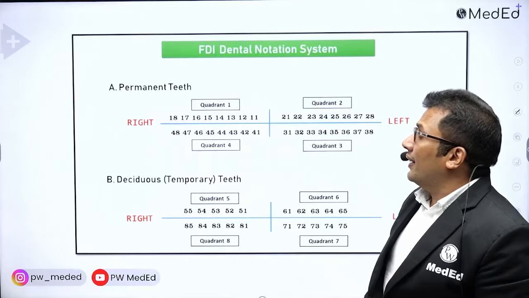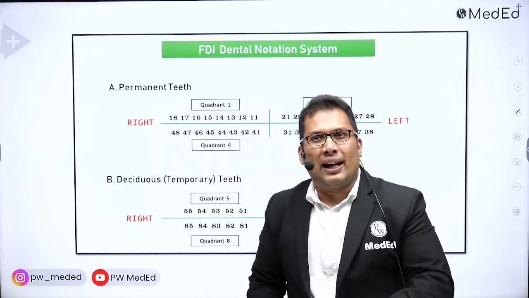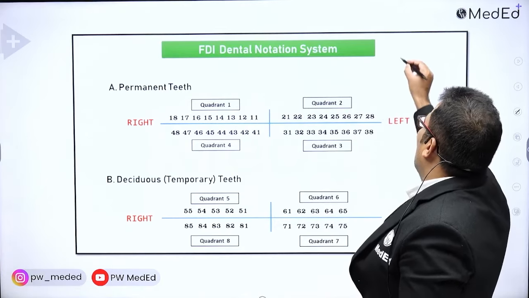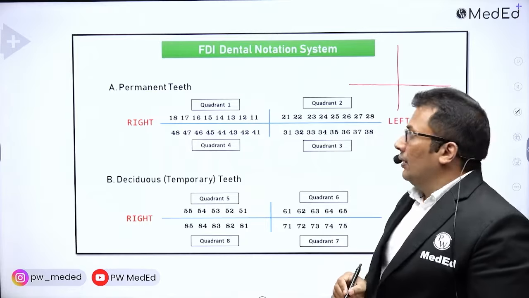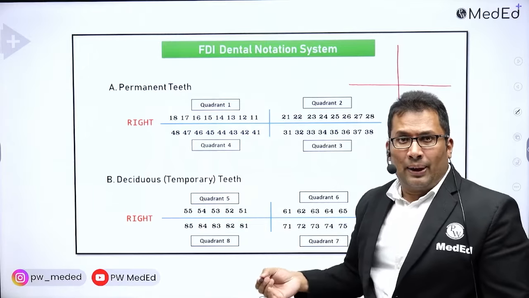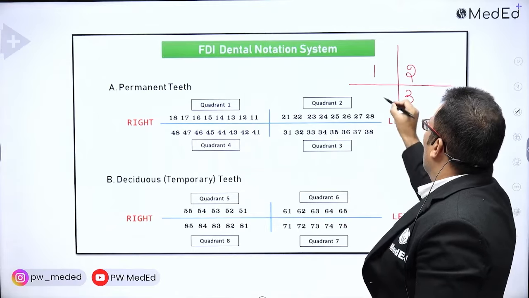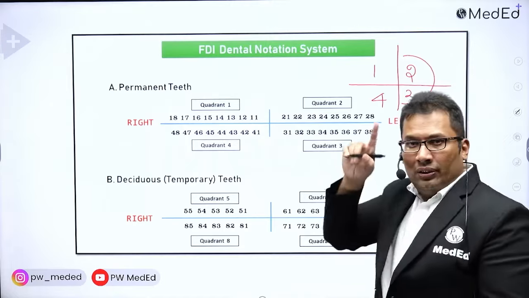Then comes FDI. In some exams, they ask what is FDI notation. FDI, remember, again 4 quadrants. In adults or primary dentition, it is like this, 1, 2, 3, 4, clockwise direction.